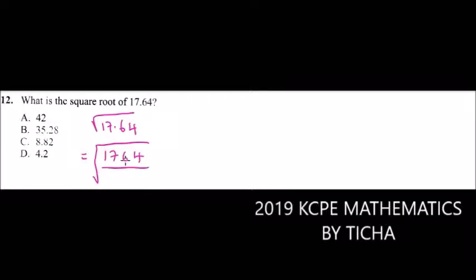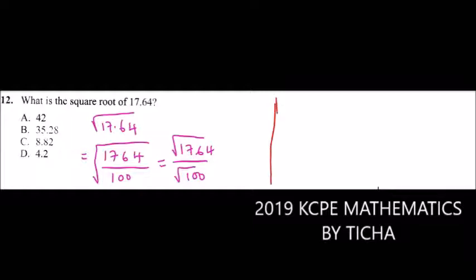We multiply the denominator and the numerator by 100, which we can separate now and say this is the square root of 1764 divided by the square root of 100, and we can get the square root of 100. It is 10.